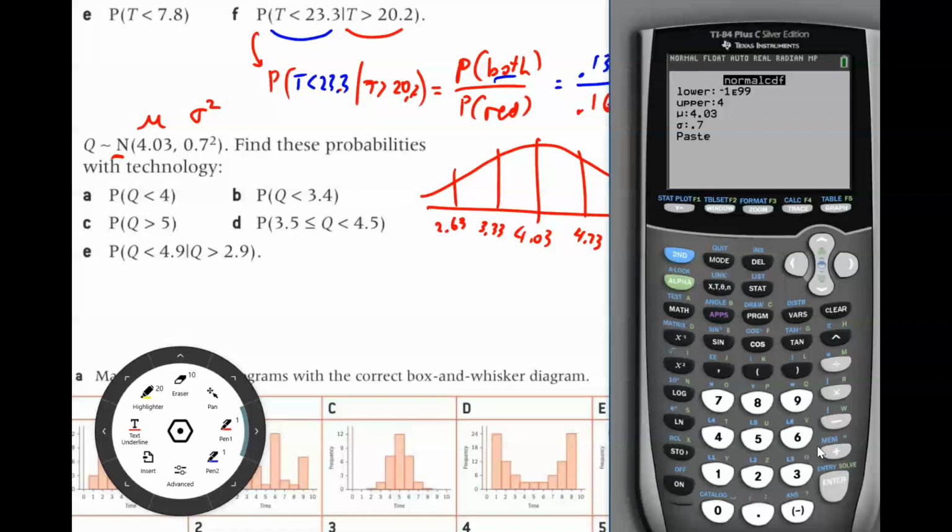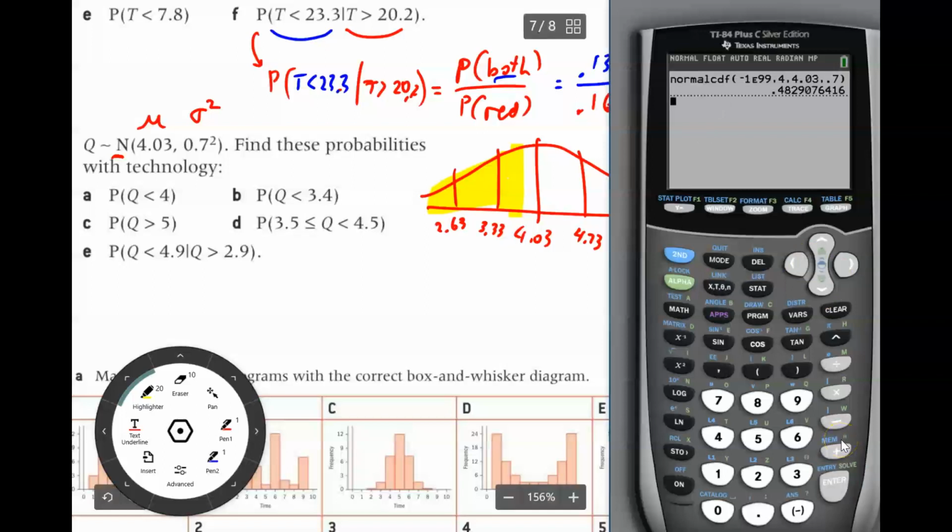This area is less than 4, so it's slightly to the left of 4.03. Looks like it's slightly less than 50%. Let's see how much exactly it is. The left boundary is negative infinity. The right boundary is 4. The mean is 4.03. The standard deviation is 0.7 because it says 0.7 squared. And the answer is 0.483. I'm going to put 0.483 because that's 3 significant figures.